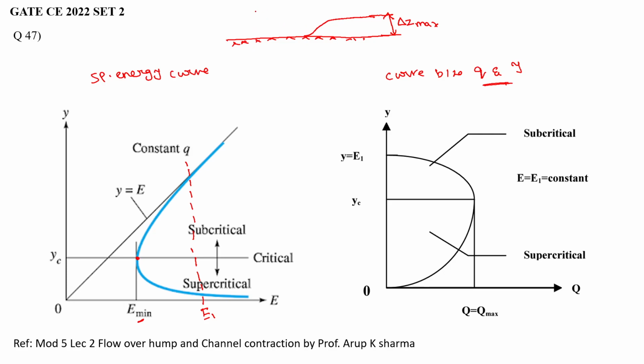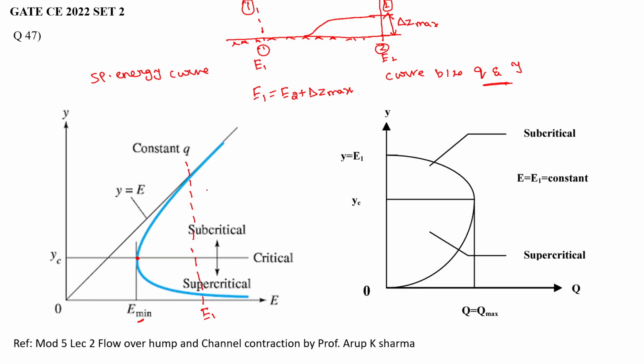Let's say this is section 1, and this is section 2 where Z equals Z max. This is E1 and this is E2. According to the specific energy principle, E1 equals E2 plus delta Z max, or Z, if we go into the second section 2.